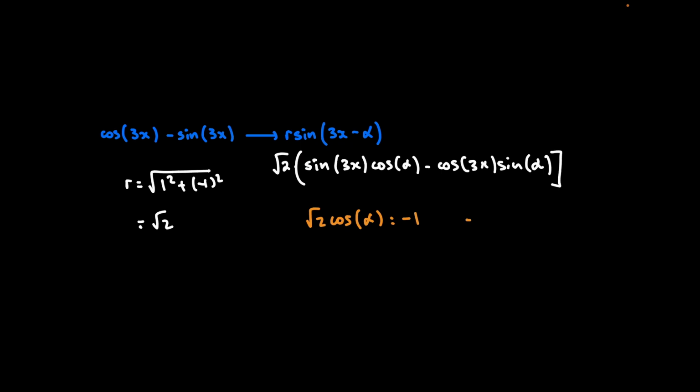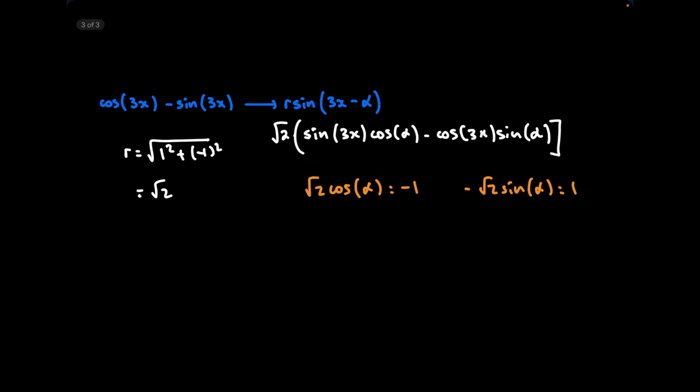So that means that negative root 2 sine of alpha is equal to 1. So now we can say that cos of alpha is going to equal negative 1 on root 2, and sine of alpha is going to equal negative 1 on root 2.